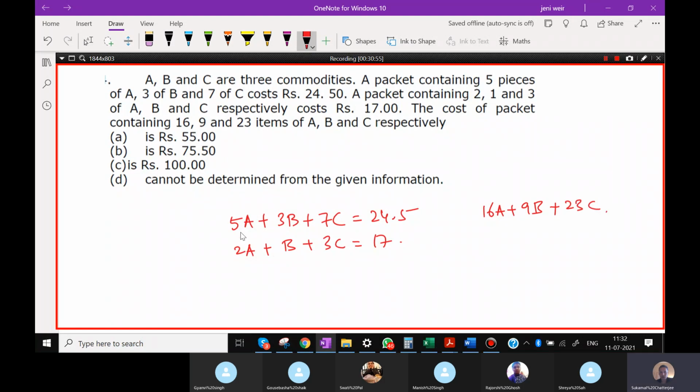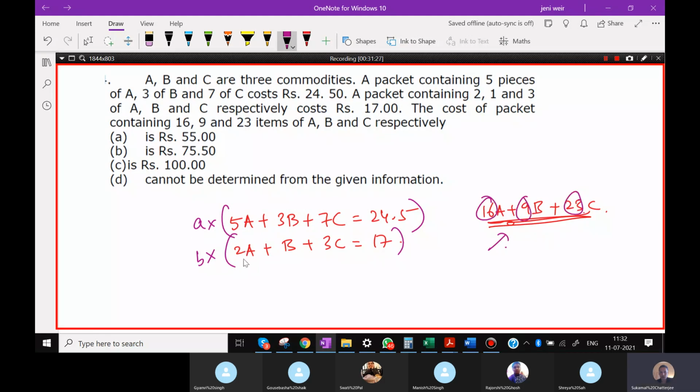So you have to manipulate the 2 given expressions to get the third one, right? You have to multiply this with a factor a, and then multiply this with a factor b, such that the addition or subtraction of these two will give you these coefficients.